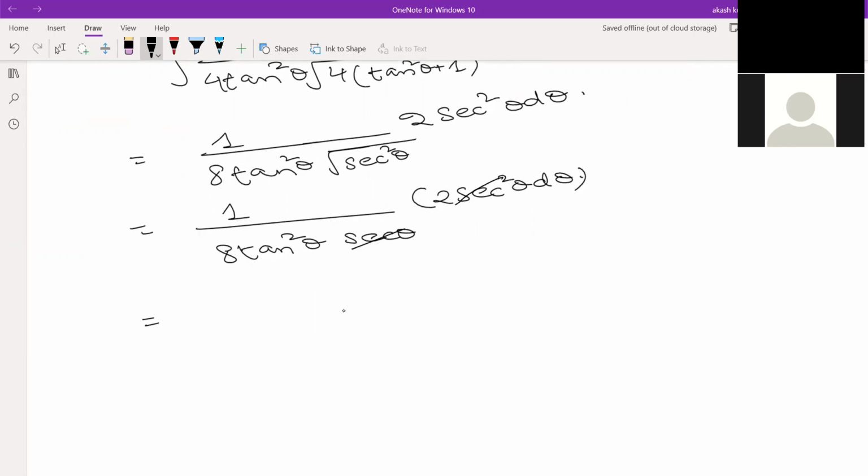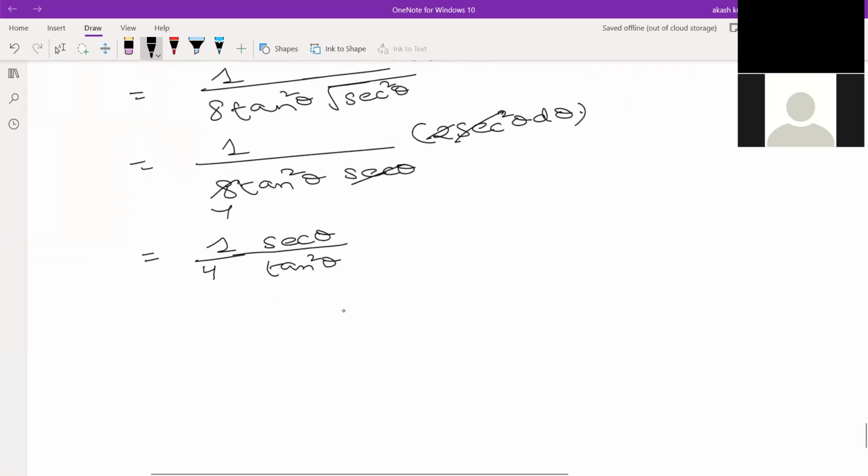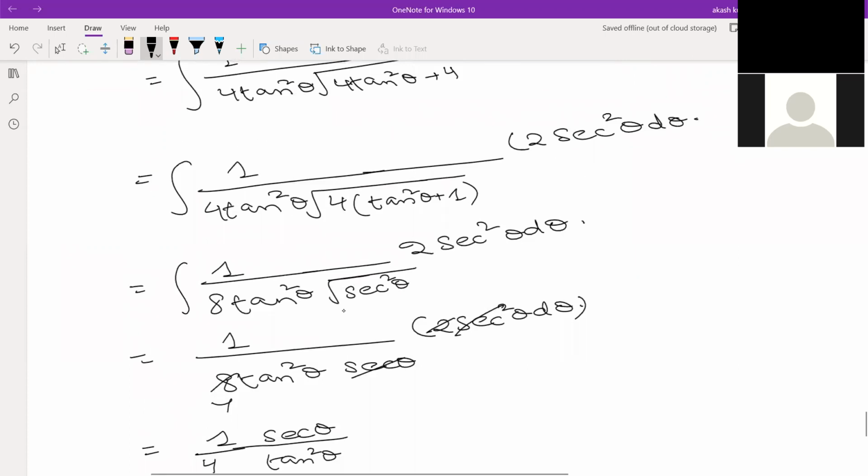This sec theta cancels out with this sec theta, and 2 goes into 8 four times. So it becomes 1 over 4 times sec theta over tan squared theta. And again, yes, we have to take its integral.